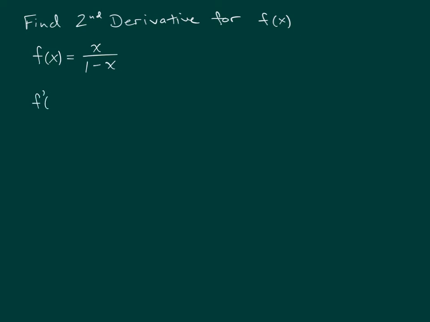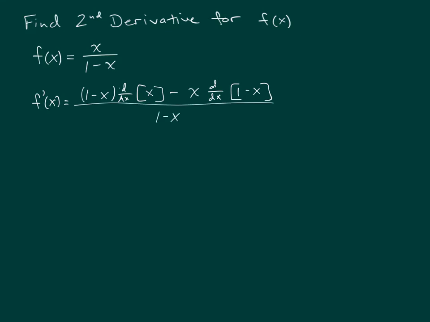So f prime of x will be the denominator times the derivative of the numerator minus the numerator times the derivative of the denominator, all over the denominator squared.